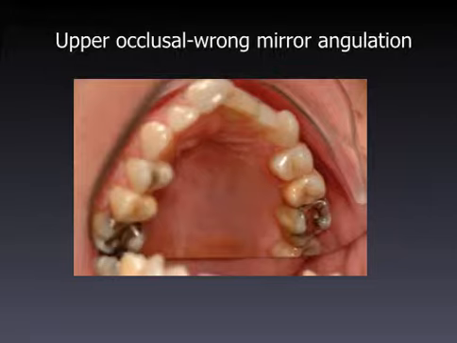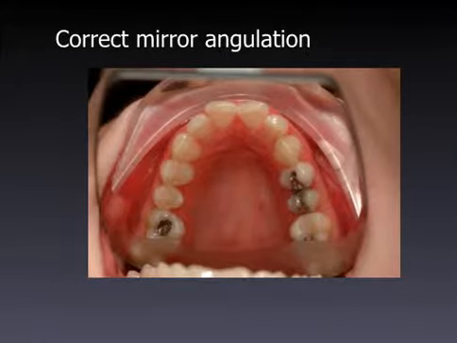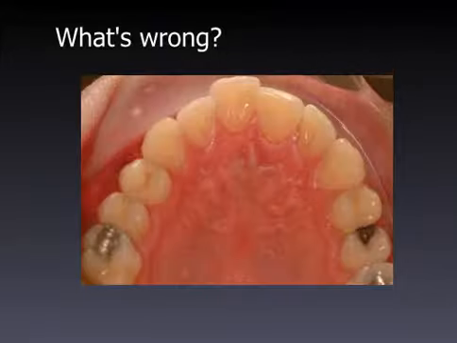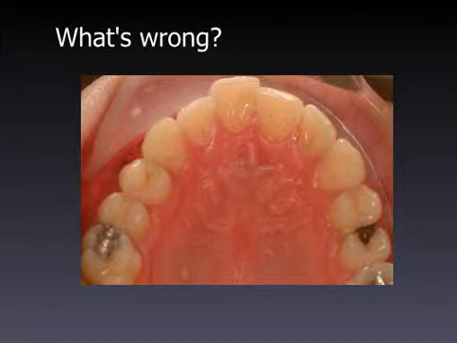Here we can see we're stood to the right of the patient and we're not in focus because we've got the wrong angulation of the mirror and we've got some blurring. This is much better, but we need to alter the magnification and we need to either warm the mirror or have our assistant blow some air onto the mirror to stop the steaming, and then we could see the second molars, because here we can't.